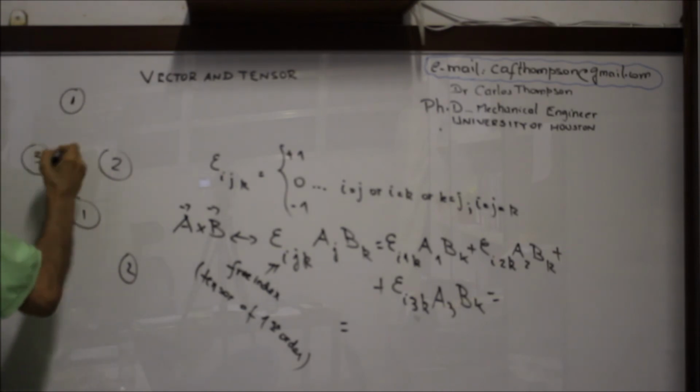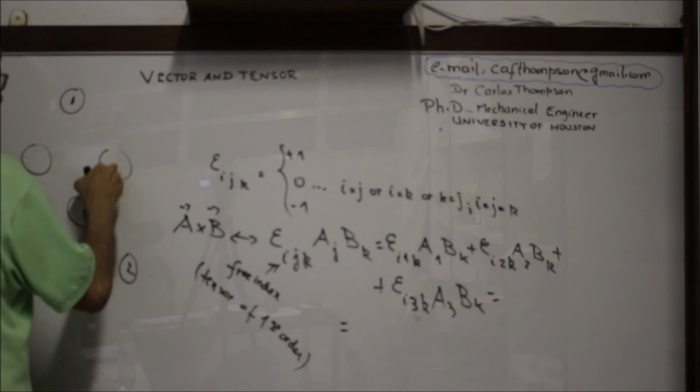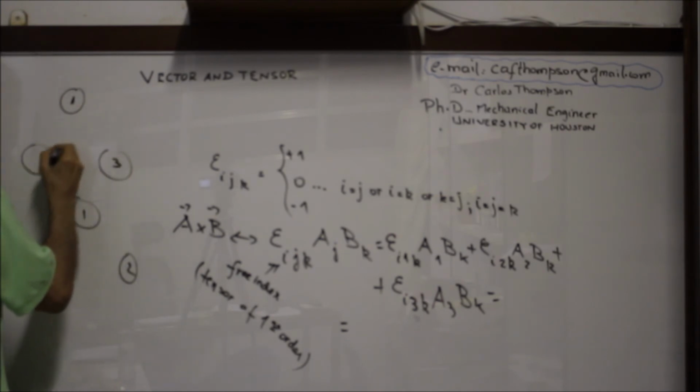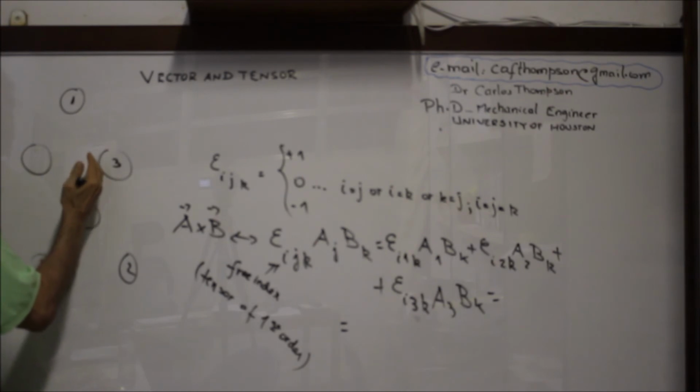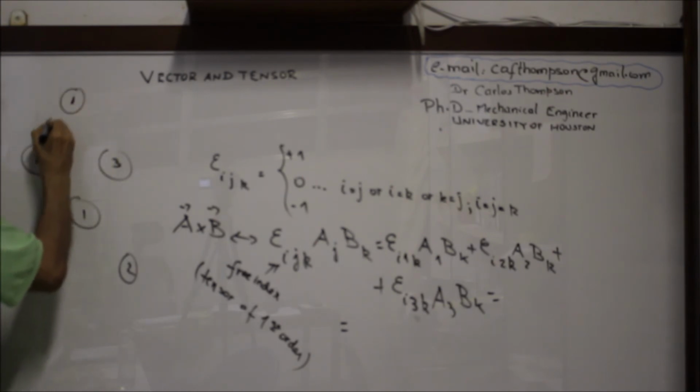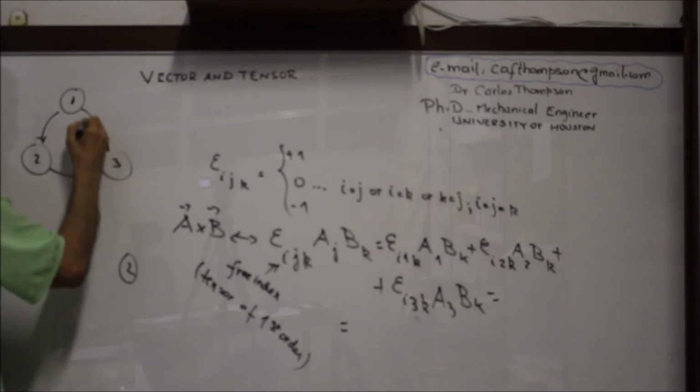Now if I go and put 2 here and 3 over there, let's say counterclockwise, like this and like this.